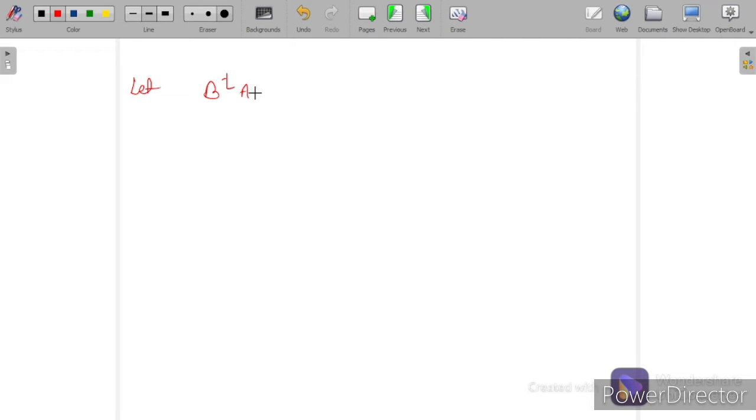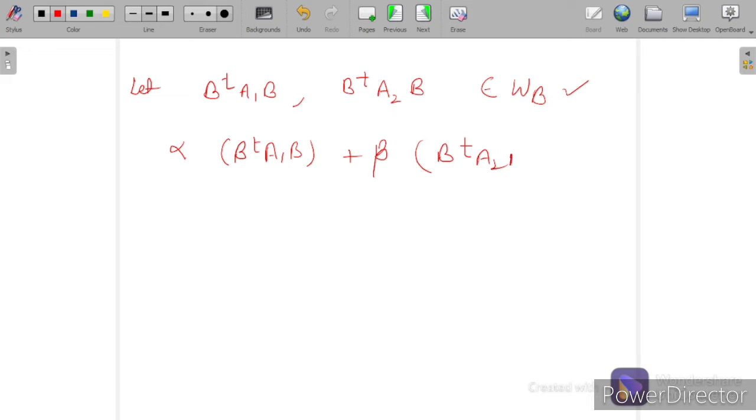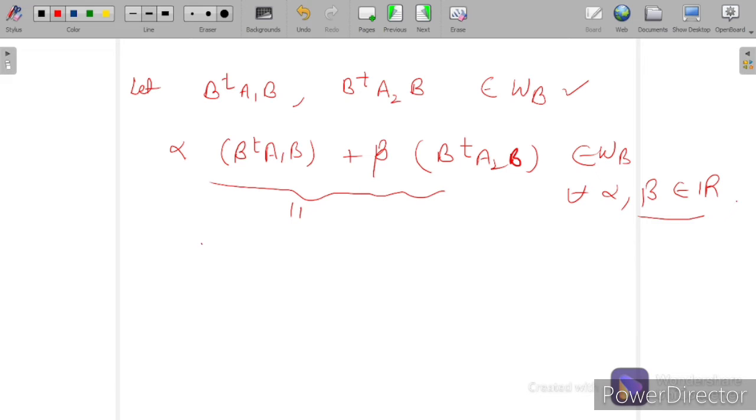Let B transpose A1 B and B transpose A2 B be two matrices in the space W_B. Then W_B will be a subspace of M_n(R) if alpha times B transpose A1 B plus beta times B transpose A2 B belongs to W_B for every scalar alpha and beta in the field R. See, this thing is equal to B transpose alpha A1 B plus B transpose beta A2 B.